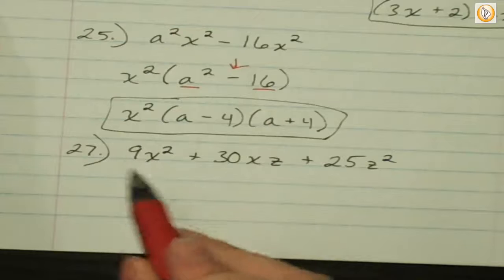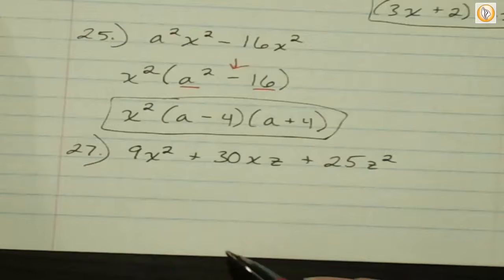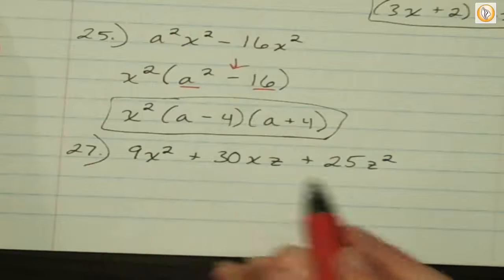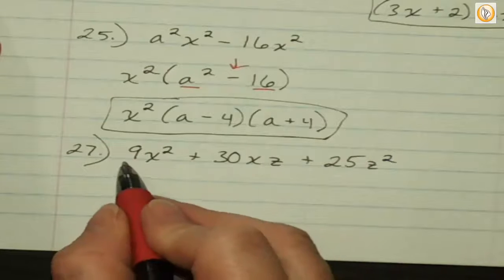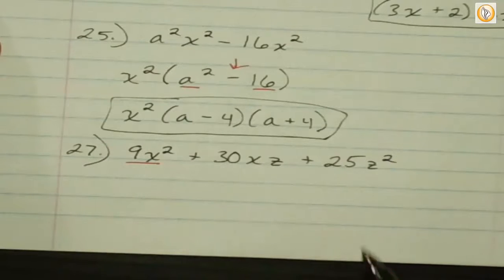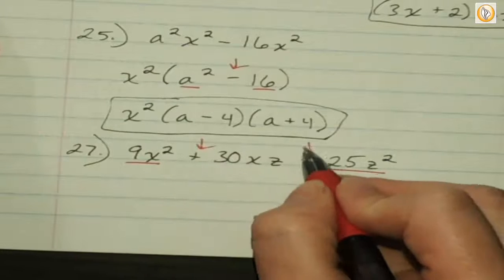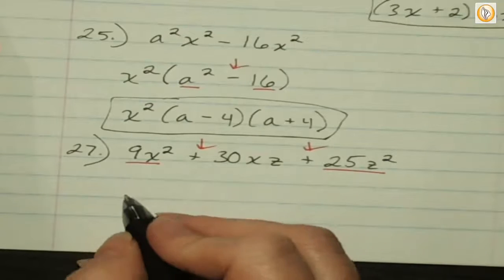Z is not in this one, so you can't take it out. That's right. There's nothing that can be taken out of all three of these terms. So, is this a perfect square? Plus, plus. Tell me what you get.